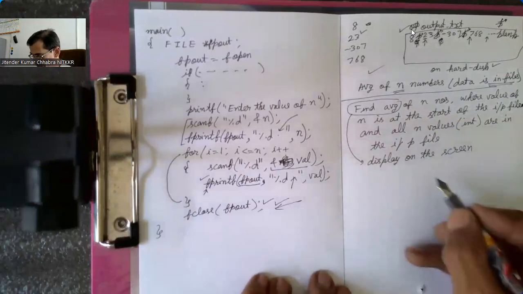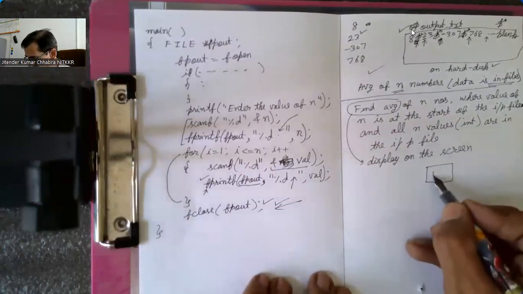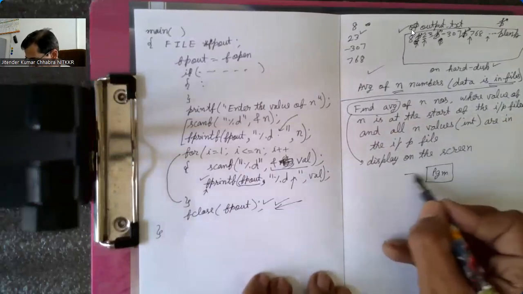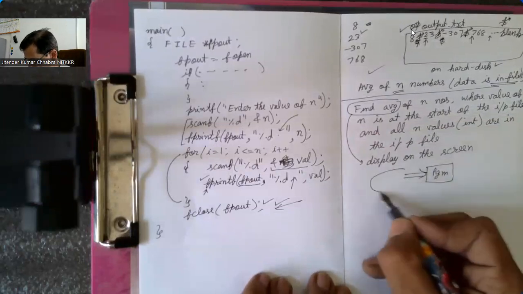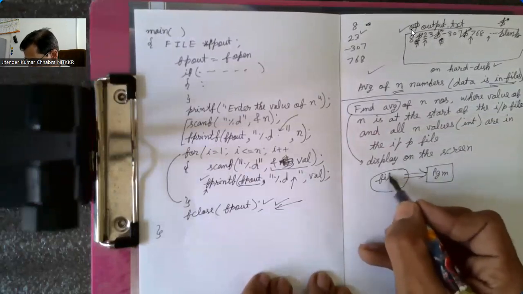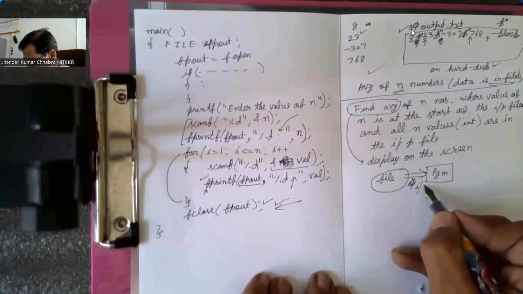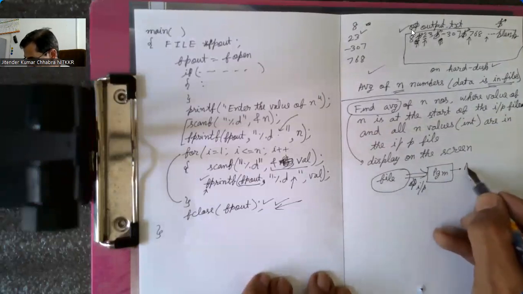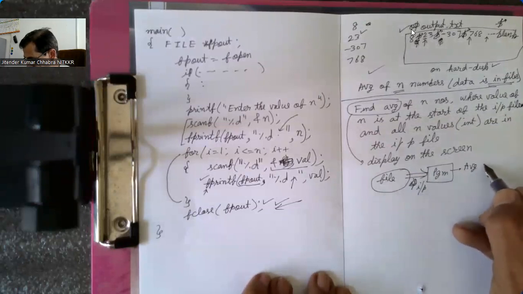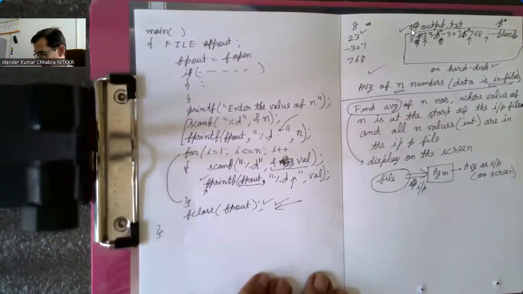So effectively this means now my program needs input from the file. Input comes from the file to the program and average is displayed as output. Can be on screen. If I want it in a file, again, I can have a separate file.